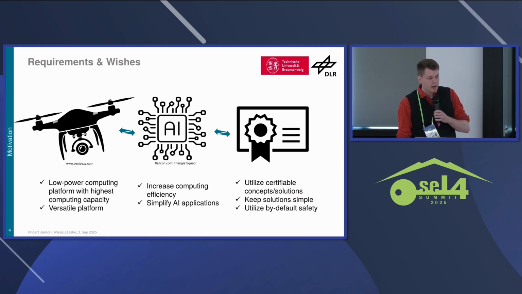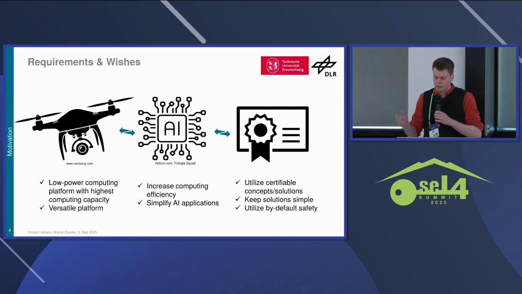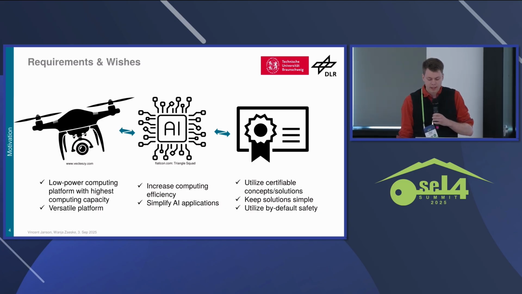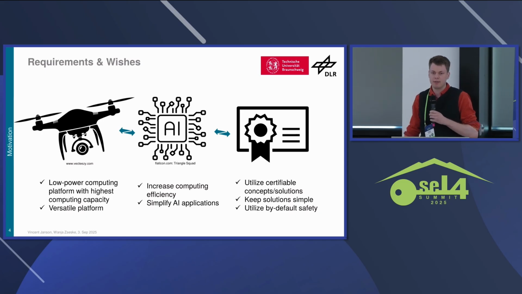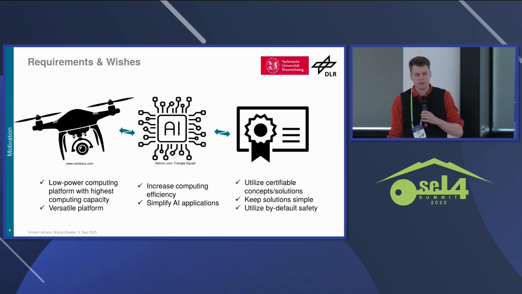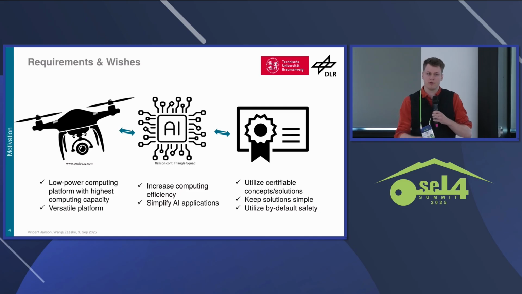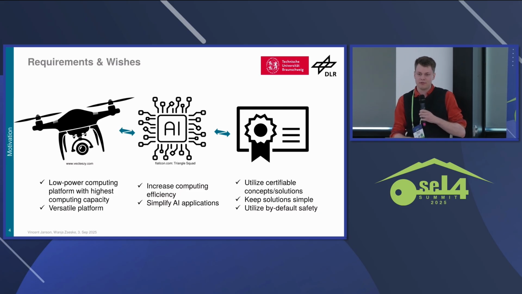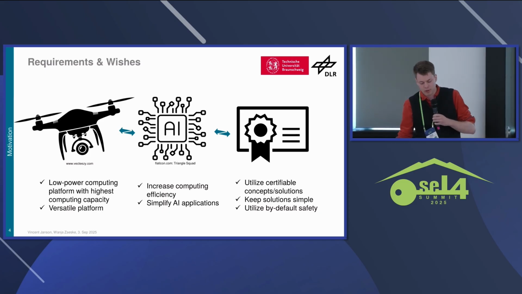The second thing, most autonomy features incorporate some kind of machine learning or AI, so there's still some number crunching to be done. We want to do this efficiently, and in the best case, the deployment of AI applications should be simple. So it is probably not feasible to expect of those developing the AI platforms to build a DSP or an ASIC specifically for that application. So it needs to be somewhat manageable.